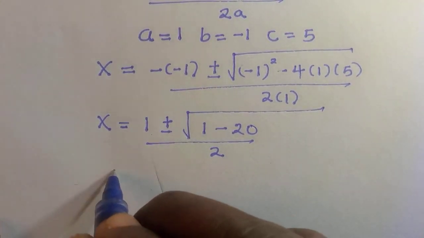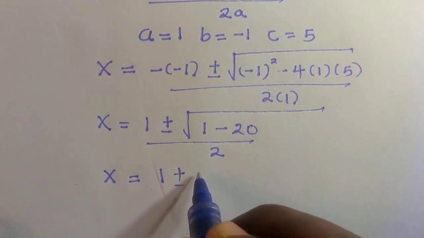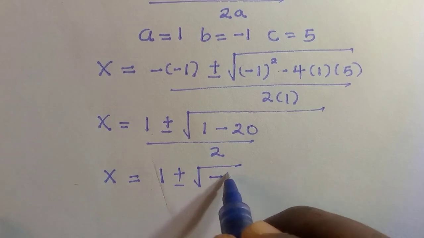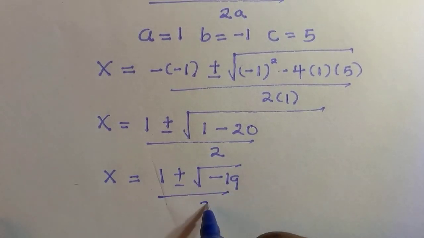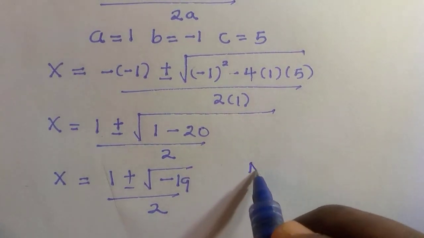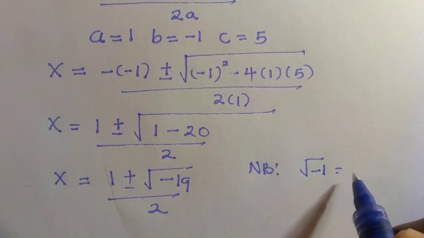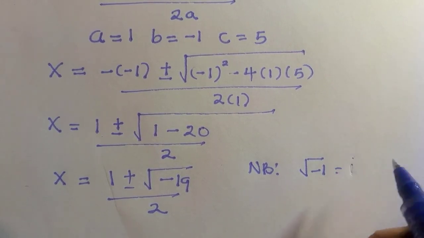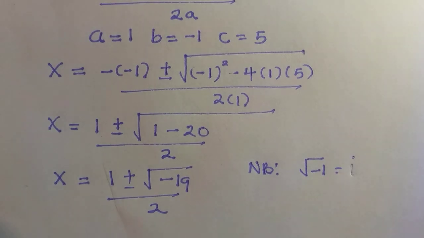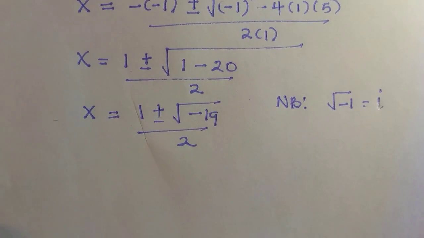And again, x equals 1 plus or minus the square root of minus 19, divided by 2, as this is what we got. But we have a negative in a root, and when we have the square root of minus 1, it gives i, a complex value.